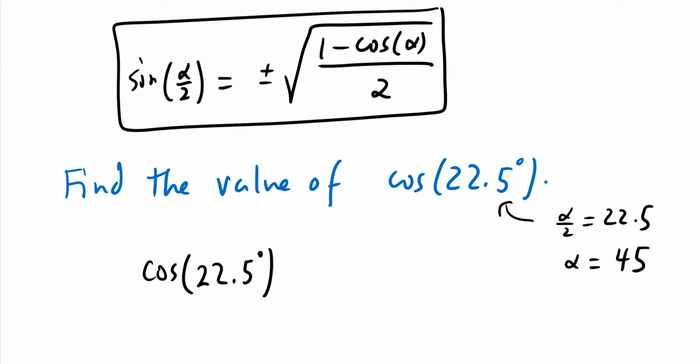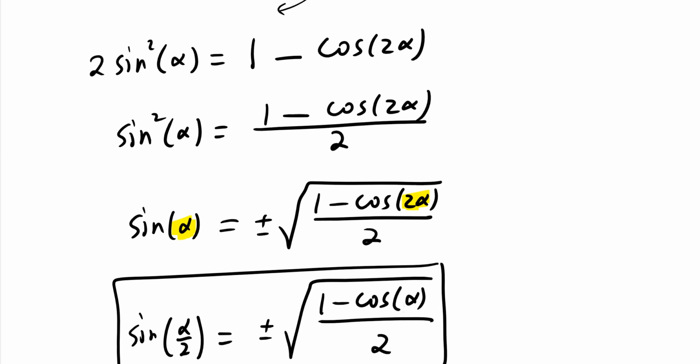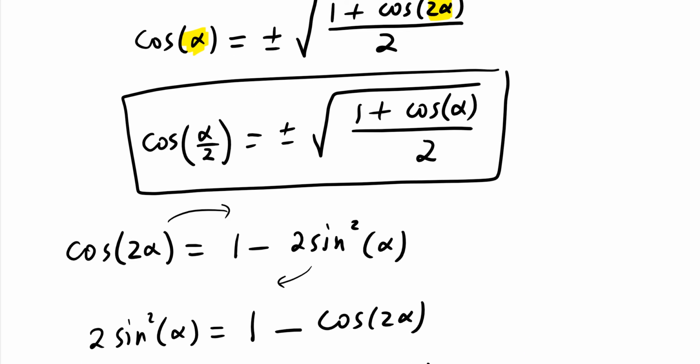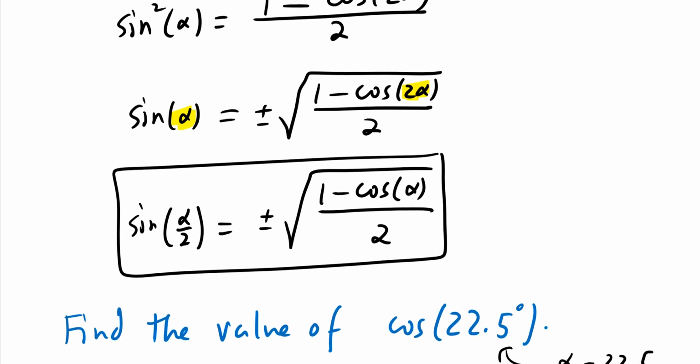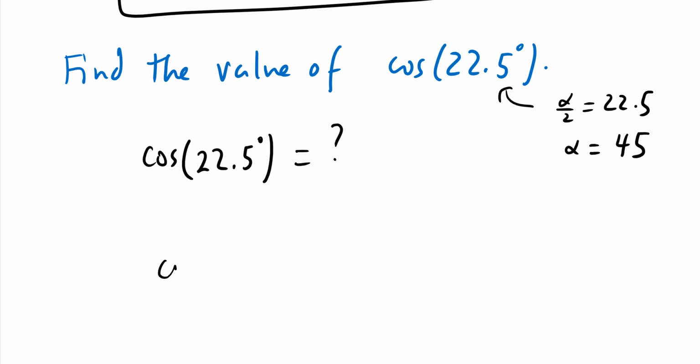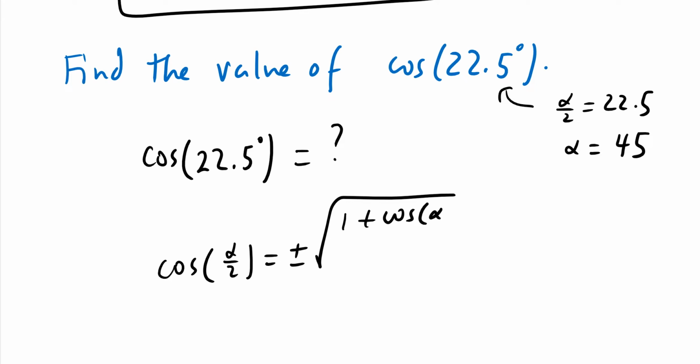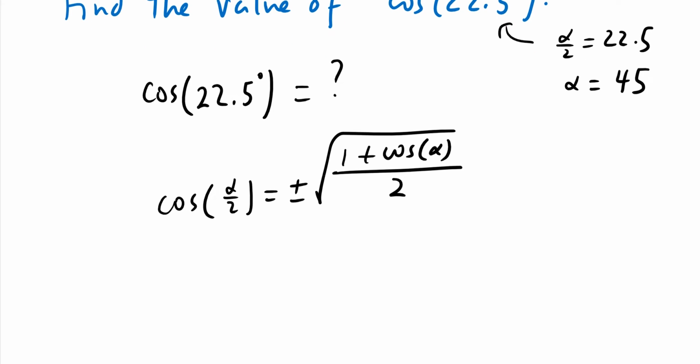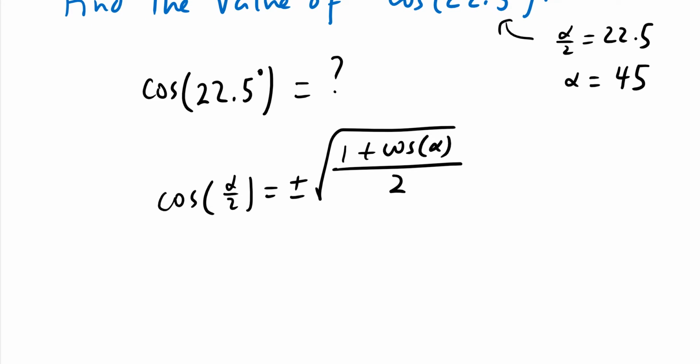To find this, I'm going to use the formula for cosine: cosine alpha over 2 is plus or minus the square root of 1 plus cosine alpha, all divided by 2. Notice I'm finding cosine 22.5, which is in the first quadrant, where everything should be positive.